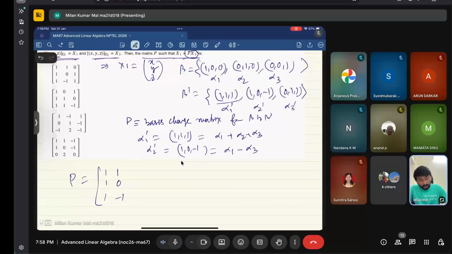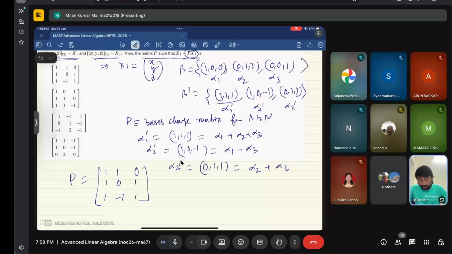And alpha 3 dash, that is (0, 1, 1). We get that as alpha 2 plus alpha 3, so this will be (0, 1, 1).